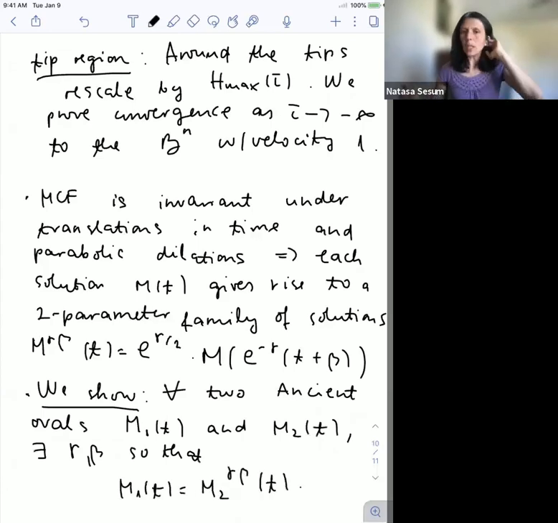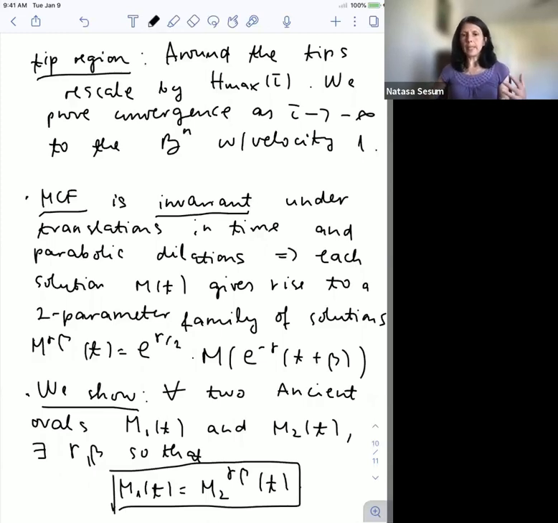So if you give me two ancient ovals, I cannot prove that M1 is equal to M2, because the mean curvature flow is invariant under translations in time and parabolic dilations. But I can prove that there exist some parameters gamma and beta so that these two are the same.